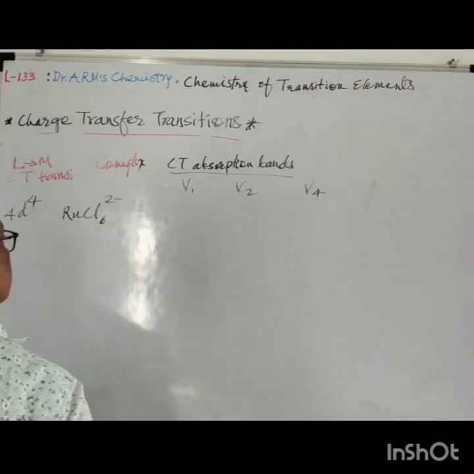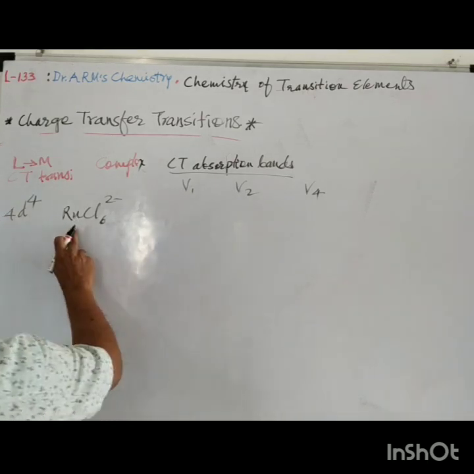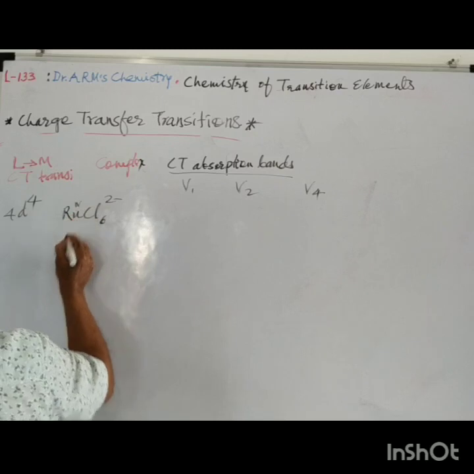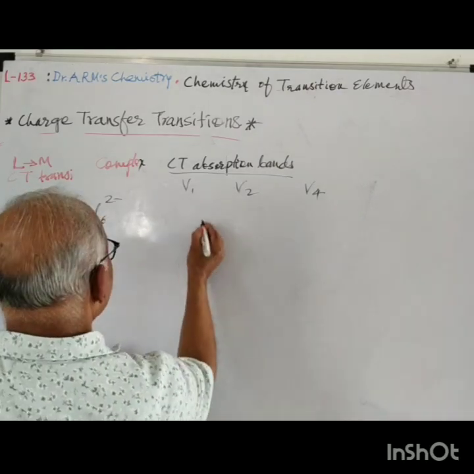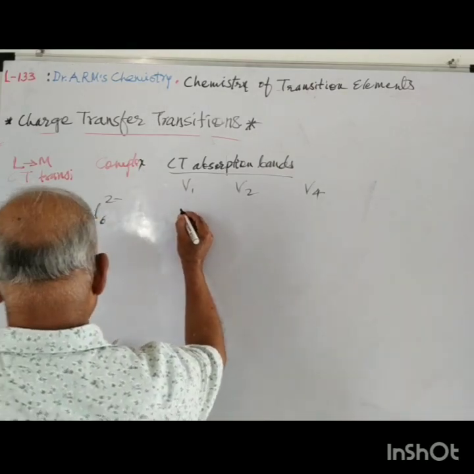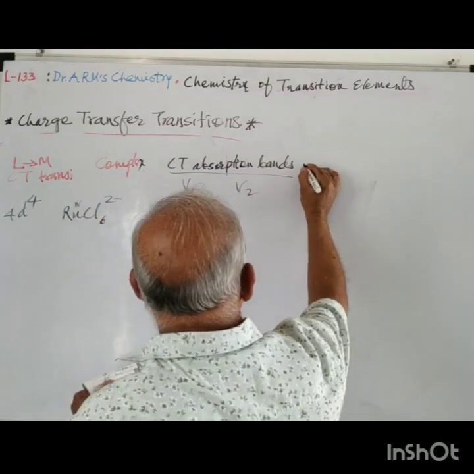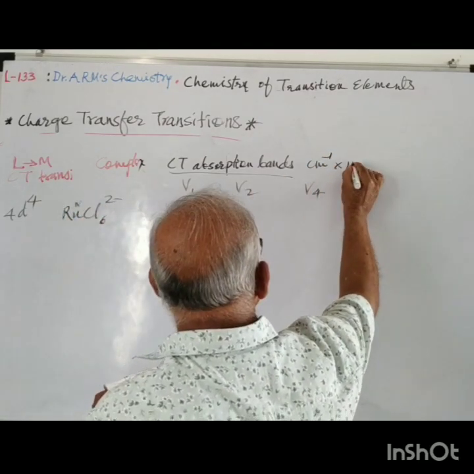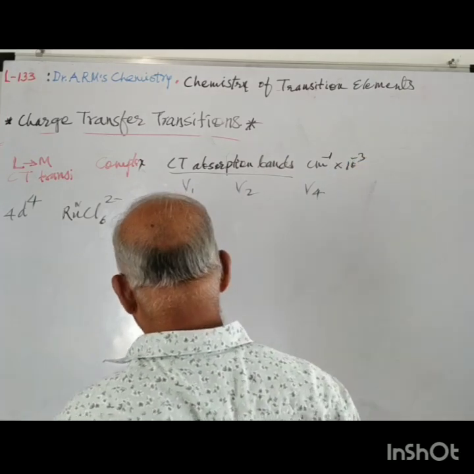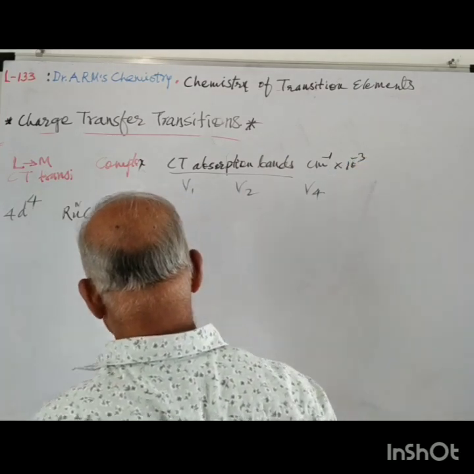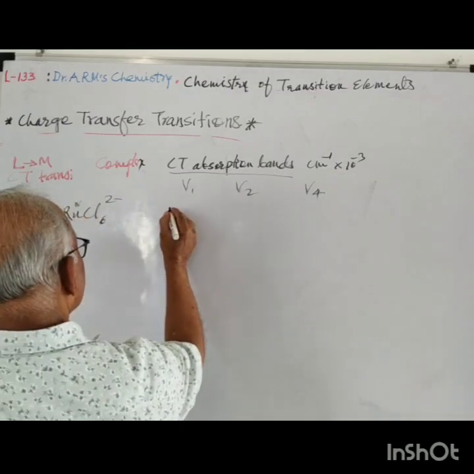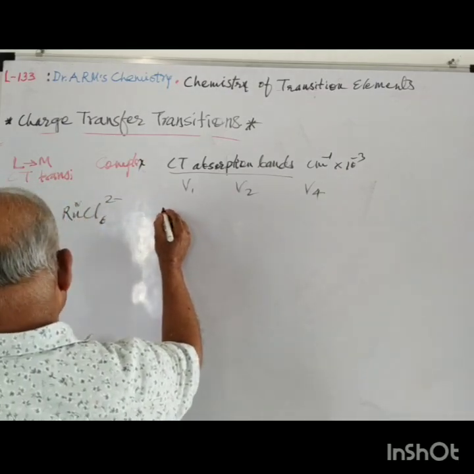2-, where here the metal ion is in the +4 oxidation state, and we will have the absorption bands in per centimeter into 10⁻³ in these hexahalide complexes. So first of all, we will show this for V1 type of conditions.